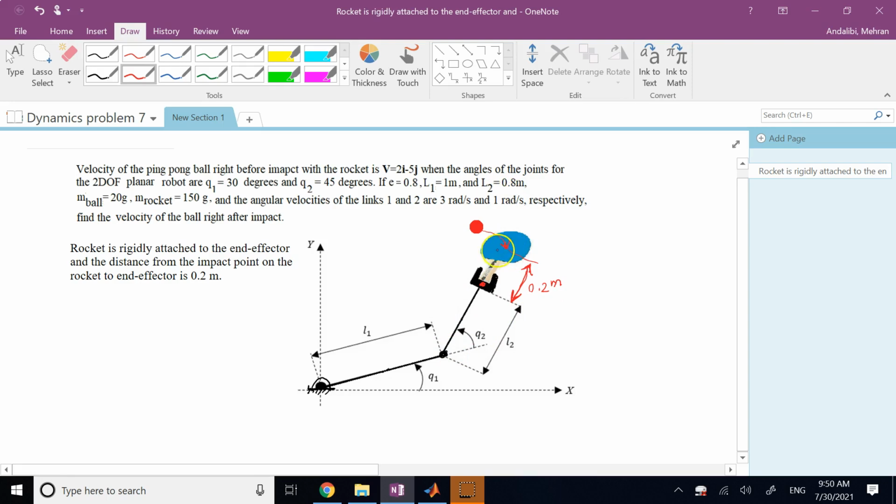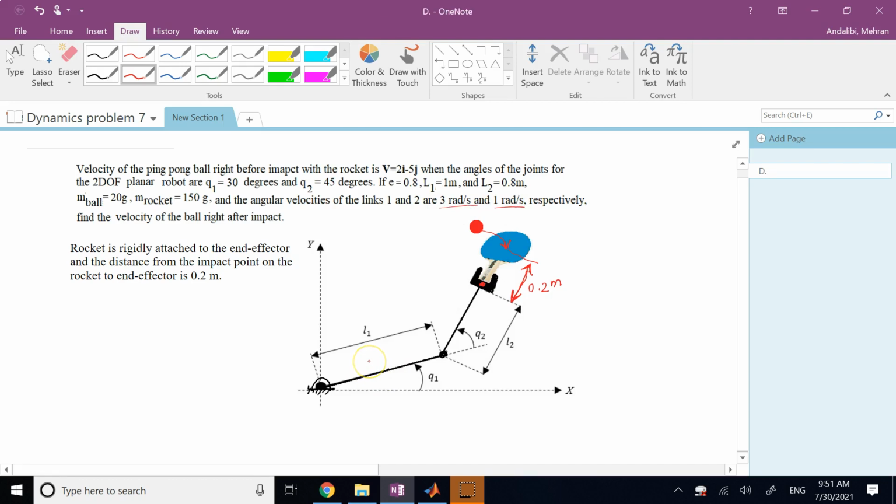And now this point of impact or contact here, you can find the velocity of it because you know the configuration of the system, the robot, which is Q1, Q2, L1, L2, and I also have given you the angular velocities of link 1 and link 2. They are 3 radians per second and 1 radians per second.